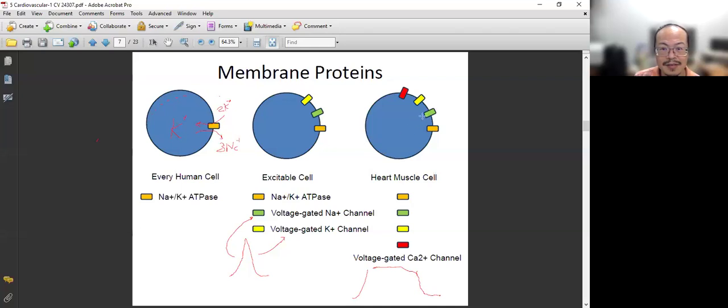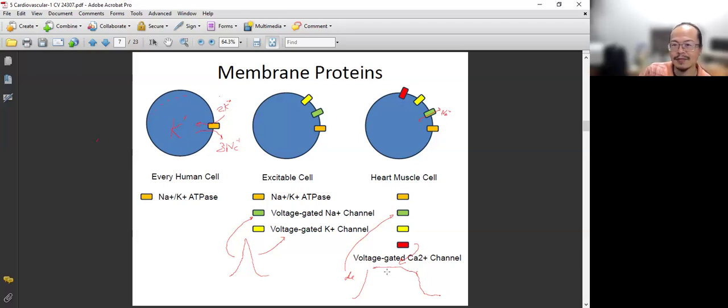Sodium moves from high concentration to low concentration, so sodium influx will cause the inside to be more positive, so the membrane potential increases. This is called depolarization. It's caused by the voltage-gated sodium channel. And when the membrane potential becomes neutral, you will have a slow and prolonged opening of the calcium channel right here. We call this phase a plateau.